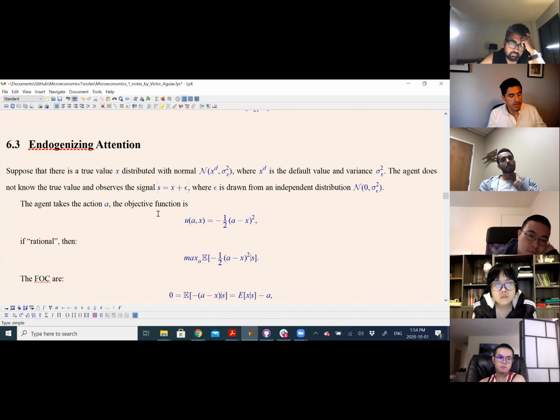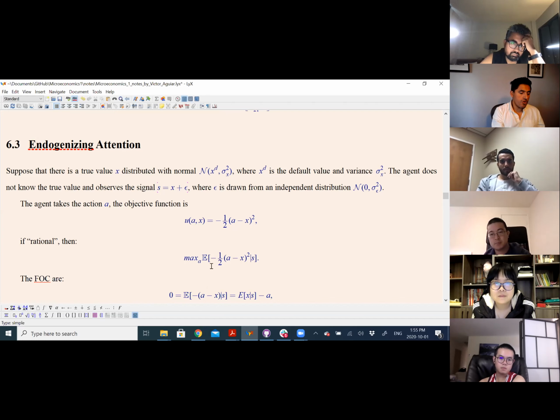Now, I'm going to study this very simple problem, which is that the agent wants to match the state. In particular here, I just want to match the lowest price, or the price I'm finding. So my objective is going to be the distance to the true state of the world. My action will maximize this utility if I have perfect information, whenever the action matches exactly the state. Now, because I don't know exactly the price, I'm going to have some noise.